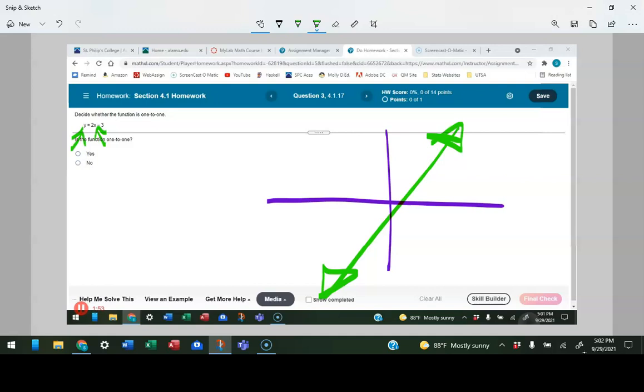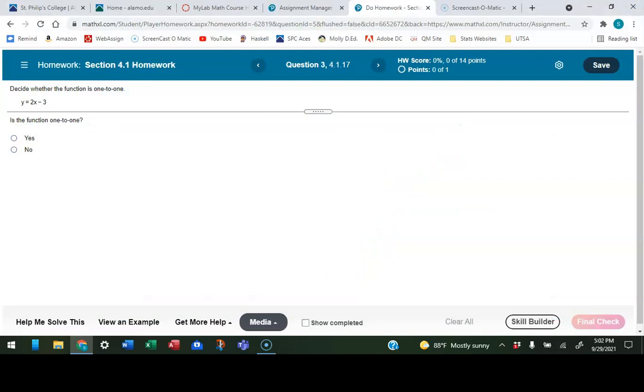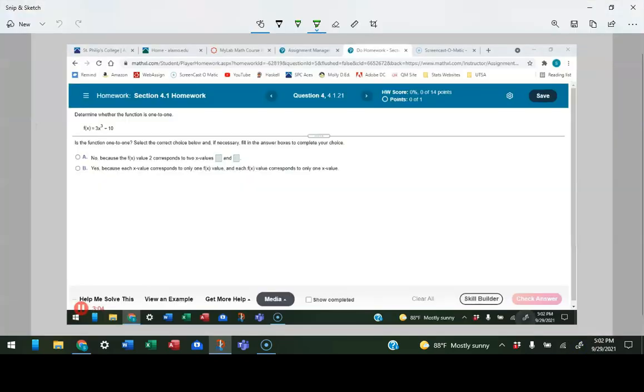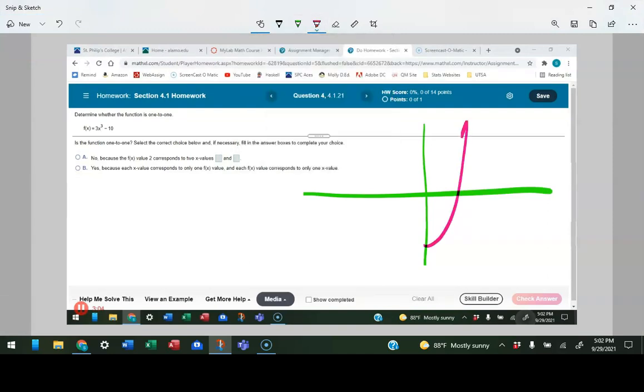So let's try another one where it's not as straightforward. I've got 3x to the third minus 10. So looking at 3x to the third minus 10, what do I do if I graph it? Well, it's going to drop down 10 units, and it's going to stretch by a factor of 3. So he looks like this.